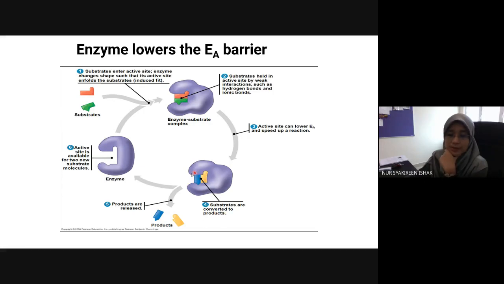The products have a different shape from the substrate, and also different from the active site, so the product is released from the active site and the enzyme is free again to catalyze the next reaction. That's why enzymes can be reused over and over again, and they are required in small amounts.